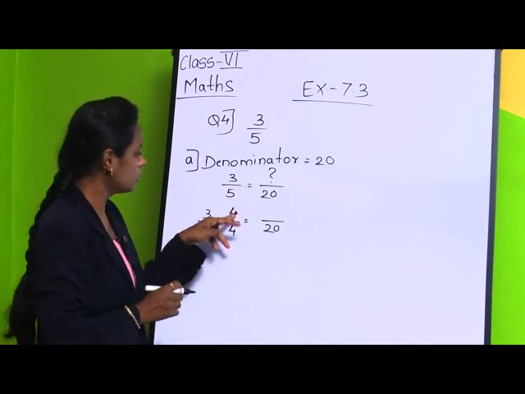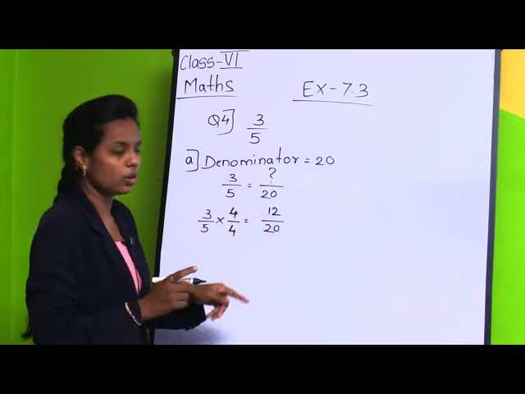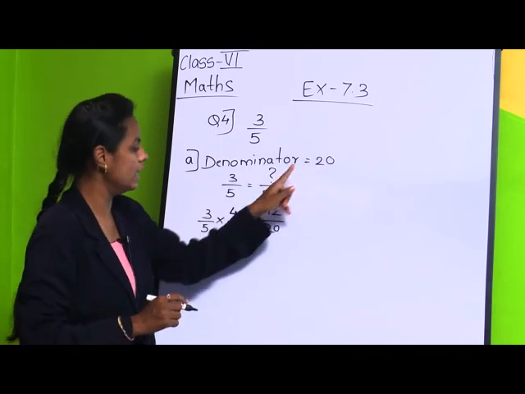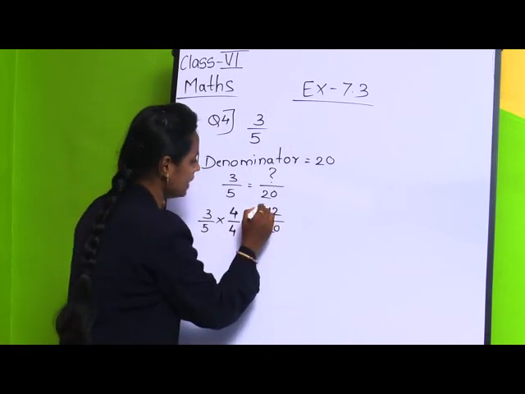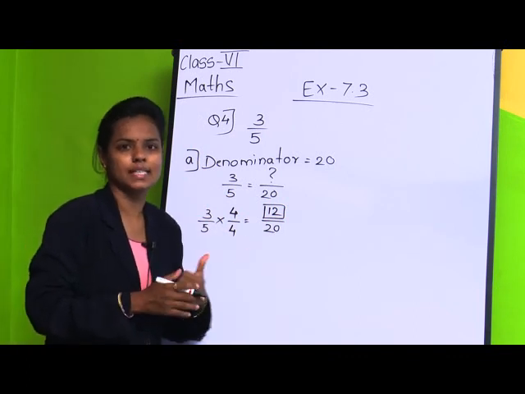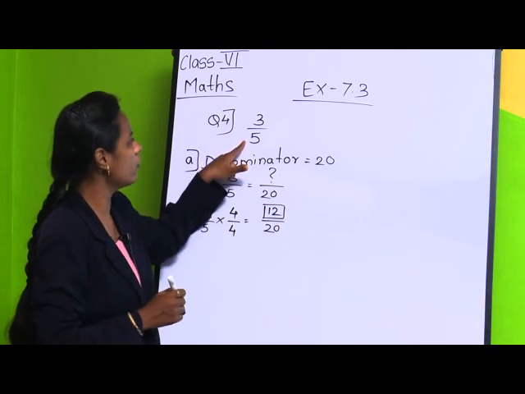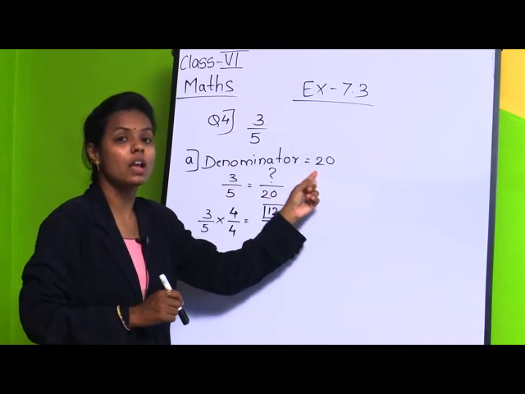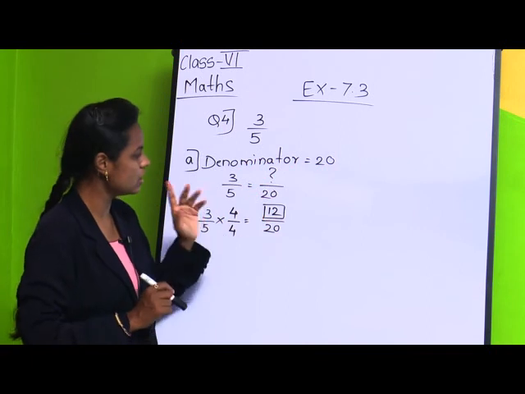So, 3 4s are 12. So, here we got the answer that when the denominator is 20, the numerator is 12. For your better understanding, you can just have a square box here. So, this is the answer. In this question, we had to find the equivalent fraction of 3 by 5 wherein the denominator was given as 20. When the denominator was 20, the numerator is 12.